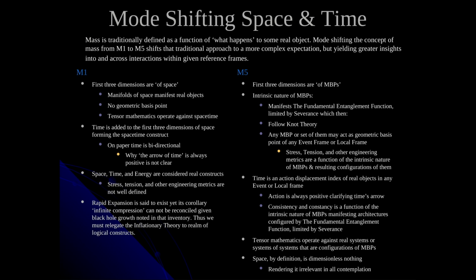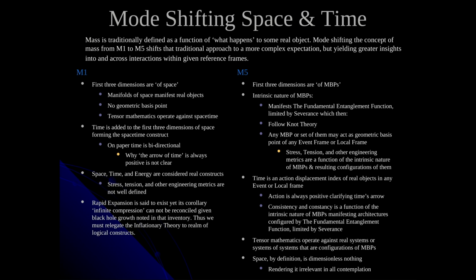And so in M1, the first three dimensions are of space. In M5, the first three dimensions are of MBPs. And so it is the MBP that manifests three-dimensional real objects, not space. And over in M5, space is dimensionless nothing, so it's essentially irrelevant in every conversation.